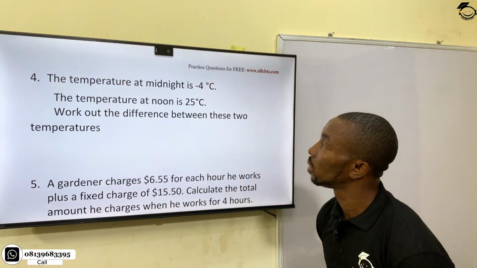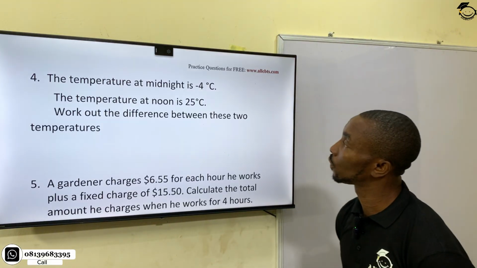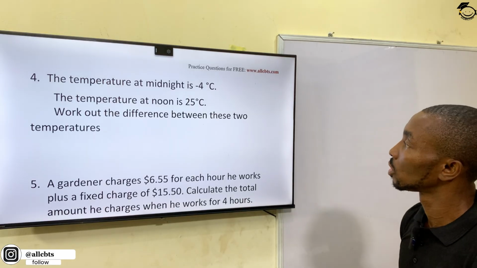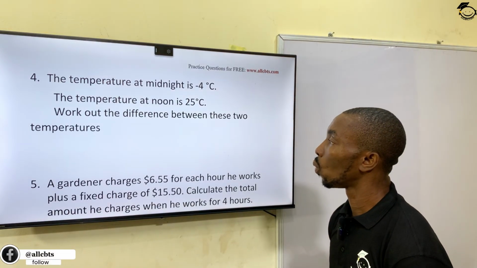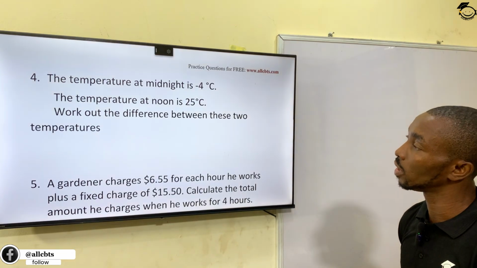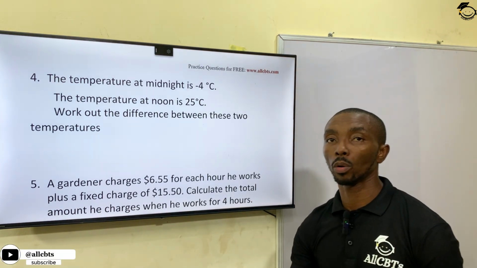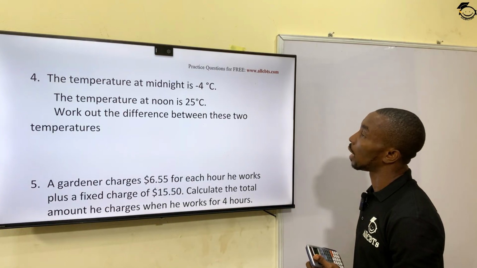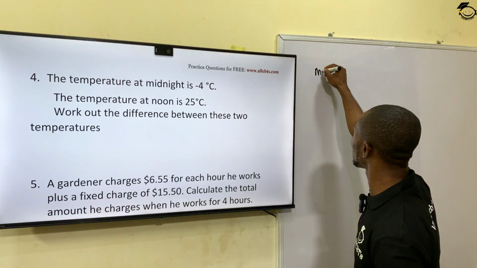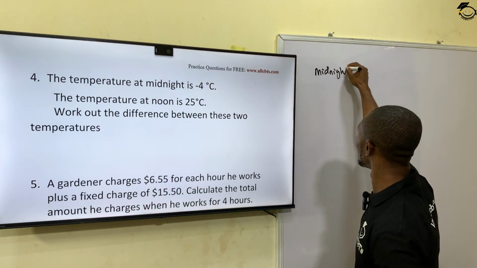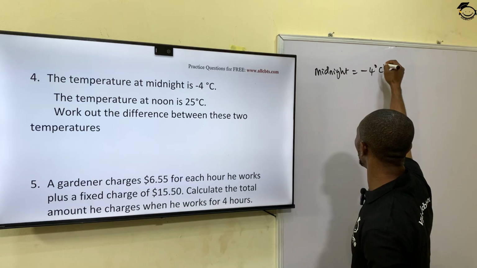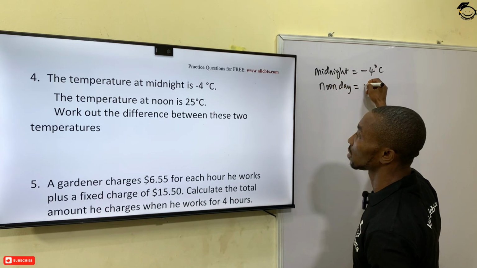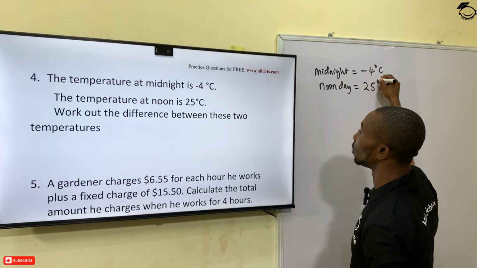The temperature at midnight is -4 degrees Celsius. The temperature at noonday is 25 degrees Celsius. Work out the difference between these two temperatures. When we talk about difference, we talk about subtraction. Our temperature at midnight is -4 degrees, and noonday is 25 degrees Celsius.